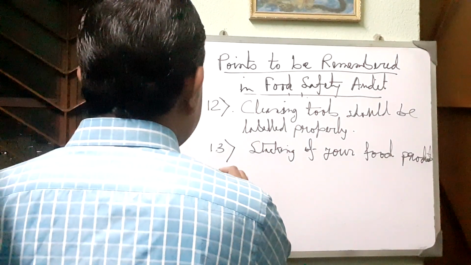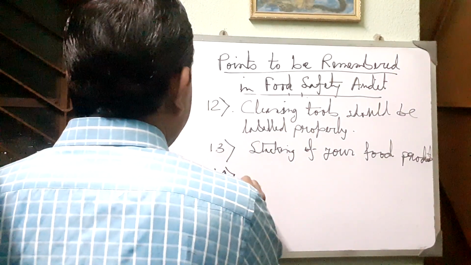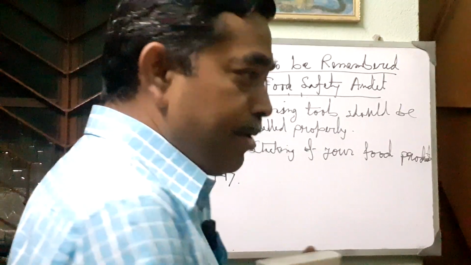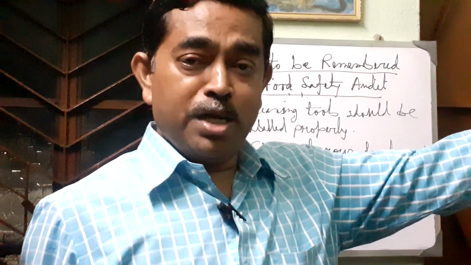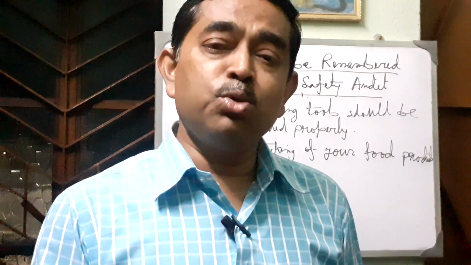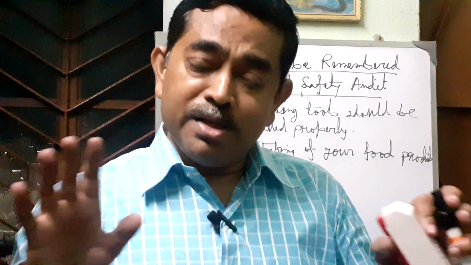And 14 is generally for transporting raw material, packaging material, and finished product goods, shifting them to the warehouse. It is preferable not to do it manually. You should do it by using a forklift.